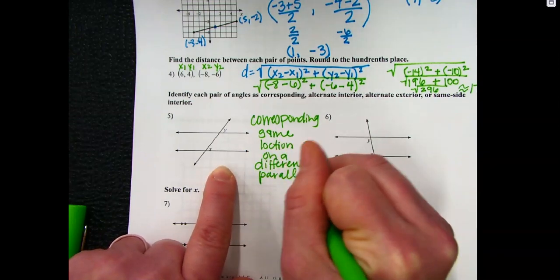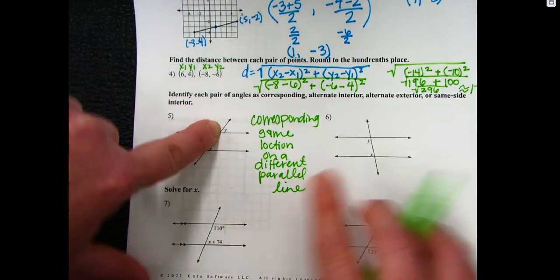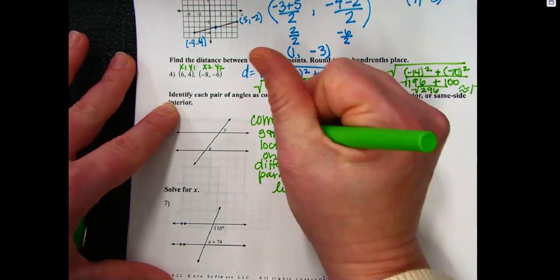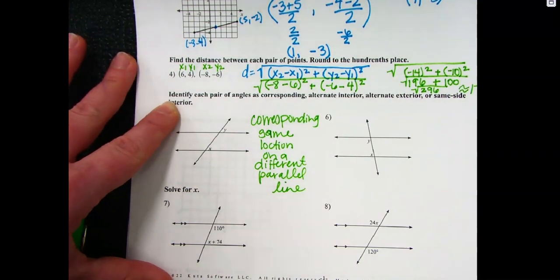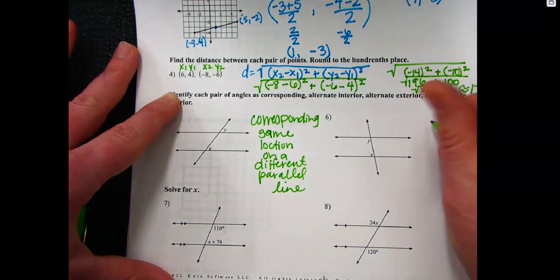That's just one explanation. It doesn't have to be the same, but they're both on that top right. So you could say both located in the top right. Instead of just saying same location, you could say both located in the top right of their parallel line and the transversal. That's fine.